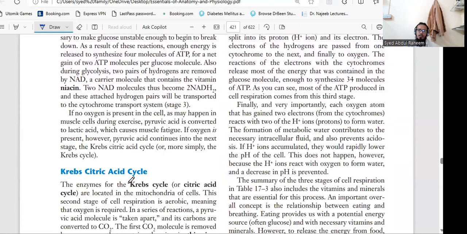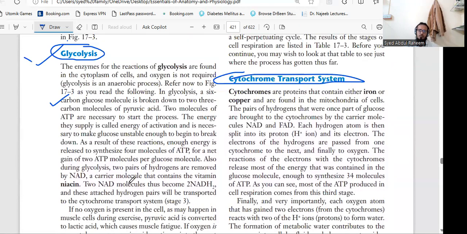I think it will make confusion for you. So I think we have to cut this down, because we are understanding metabolism, but glycolysis and all these are part of biochemistry, so you will understand them easily there.